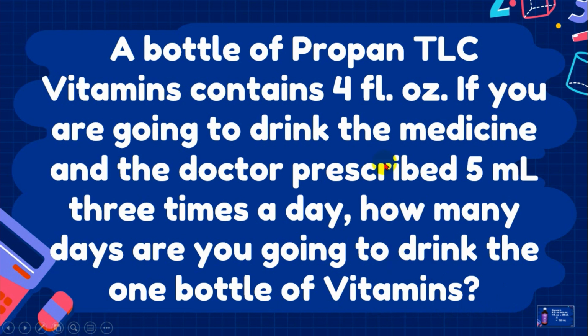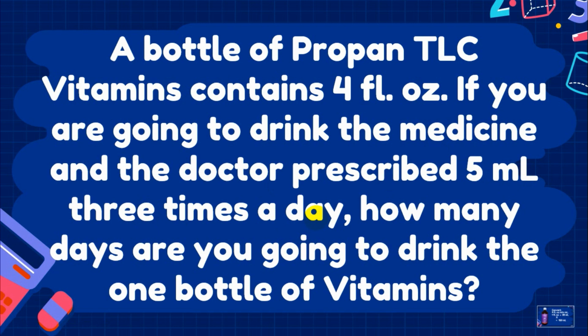In short, sa Tagalog, kung yung isang bote daw na yun, kanina na flinash ko of Propan TLC vitamins ay naglalaman ng 4 fluid ounce, at sinabi na kailangan mong uminom nito ng vitamins na yon ng 5 ml ng 3 beses sa isang araw. So, bale, ilang ml na maiinom mo sa isang araw kung 3 beses kang iinom? 15 ml, di ba?